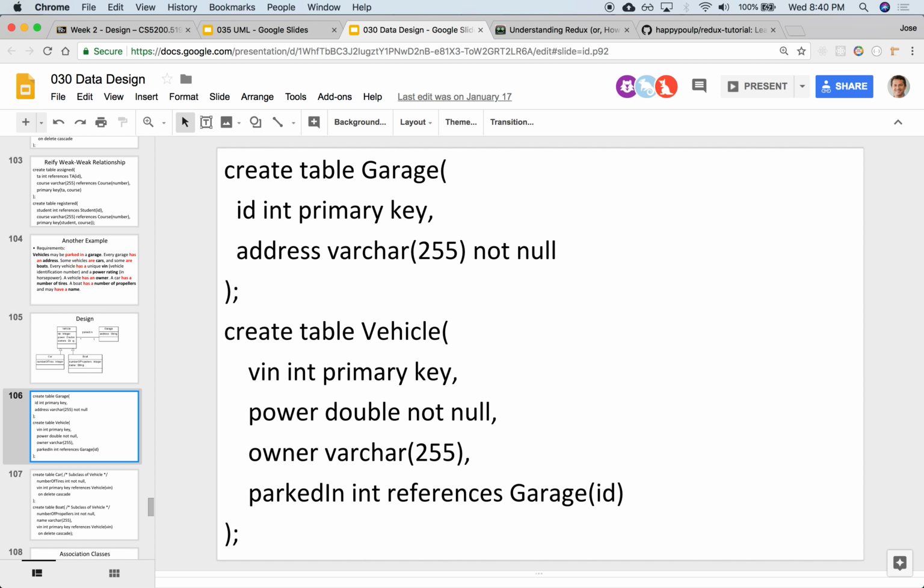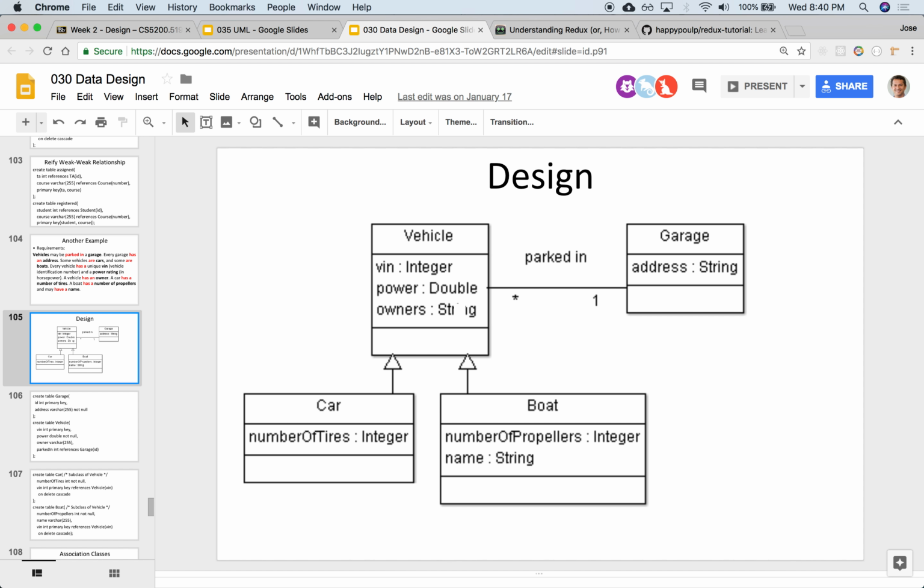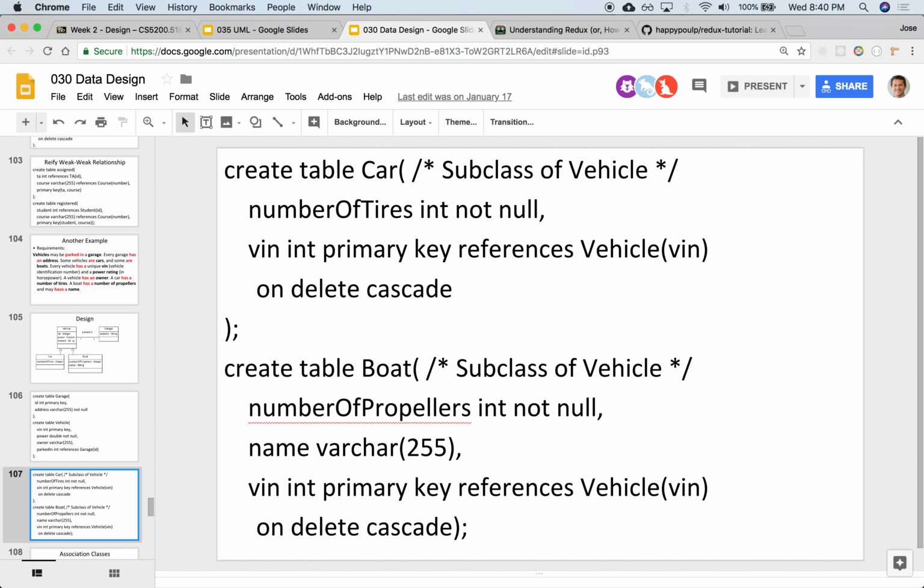So the boat and the car are inheriting. Notice that they have primary keys that are also references to the vehicle, and they have a cascade delete, meaning that if the parent is deleted, I am deleted as well. Same thing for the car. We have a primary key that is also a reference, so that if the parent is removed, I am removed. Okay.